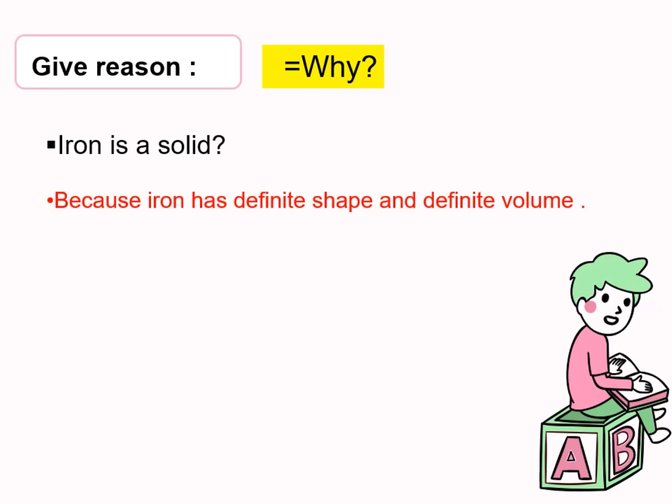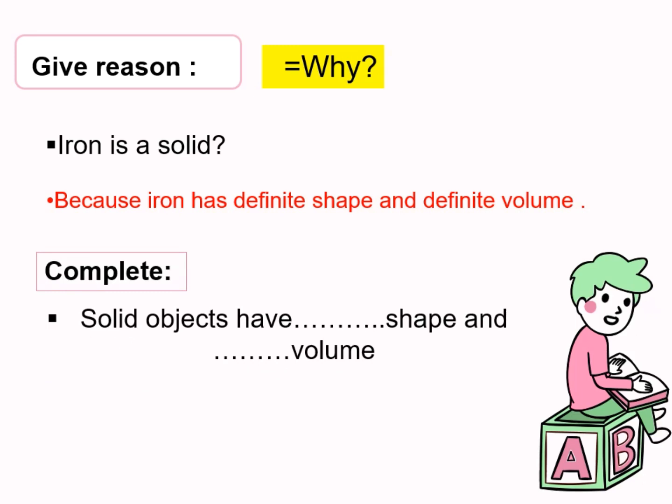So when I ask you why iron is a solid, you have to define what is solid. You have to say that because it has definite shape and definite volume. Complete: solid objects have definite shape and definite volume. Yes, the answer is solid objects have definite shape and definite volume.